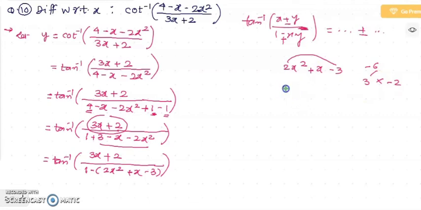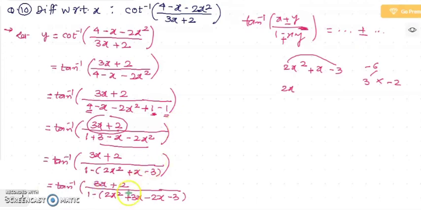So you can factorize it and write it as 2x square, which is equal to tan inverse of 3x plus 2 divided by 1 minus 2x square plus 3x minus 2x minus 3.